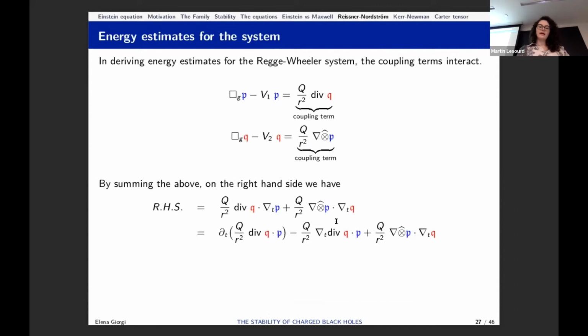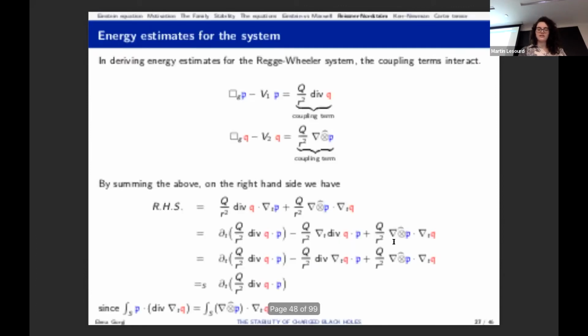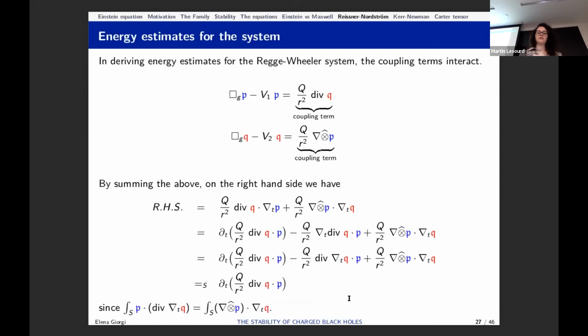Basically, you throw this nabla t onto the q, and you can commute, and then these two terms precisely cancel out because of the fact that these operators are adjoint operators on the sphere. Okay, so you're not left with nothing, you're left with some boundary terms.